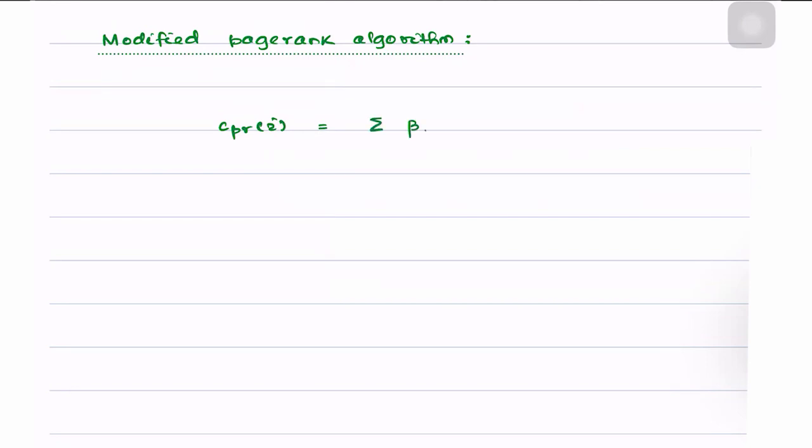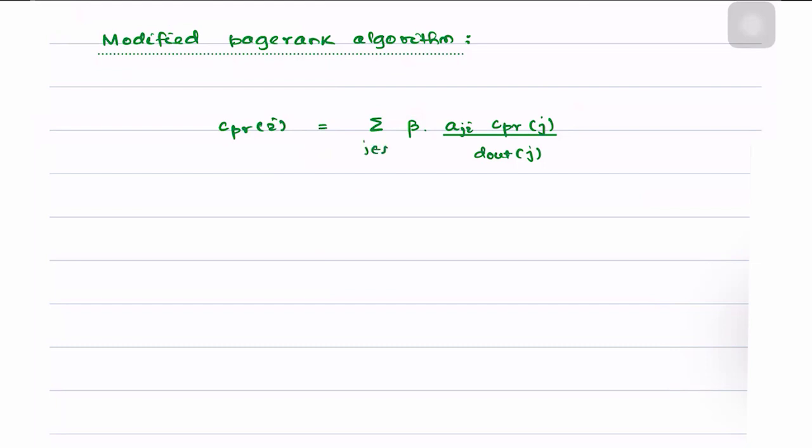So now we introduce a term beta. I'll talk shortly about what is beta and how it is important. Then we do the same thing. The first part remains more or less the same, except for the newly added term, beta.